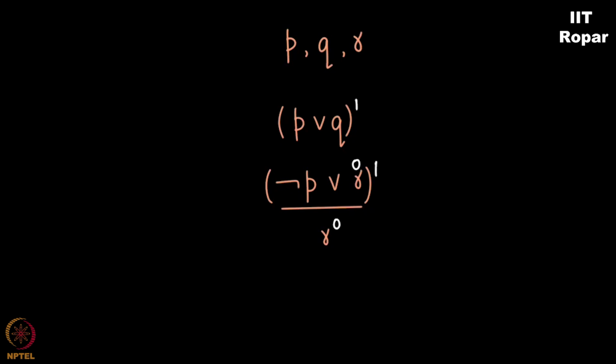When this is false and this entire thingy is true, not P should be true, which means P should be false. So P is false here, but P or Q is true. When P is false, P or Q is true. Absolutely, one can conclude that without any question or doubt, Q should be true.